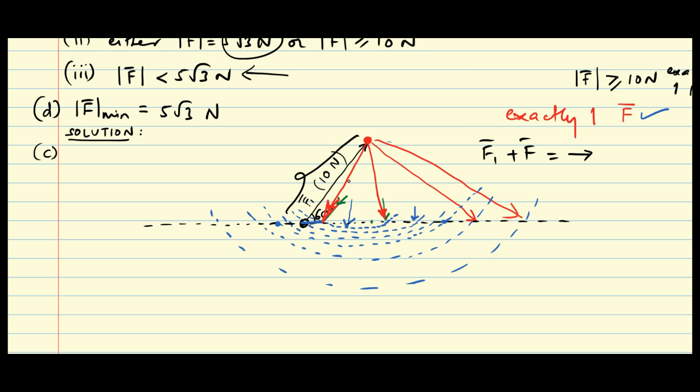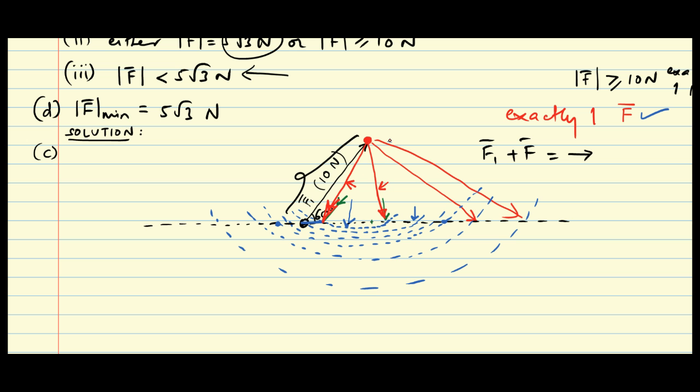One of them is this one and the second one is this one, because either of these possible f bars results in a resultant force f1 bar plus f bar in the rightward direction.